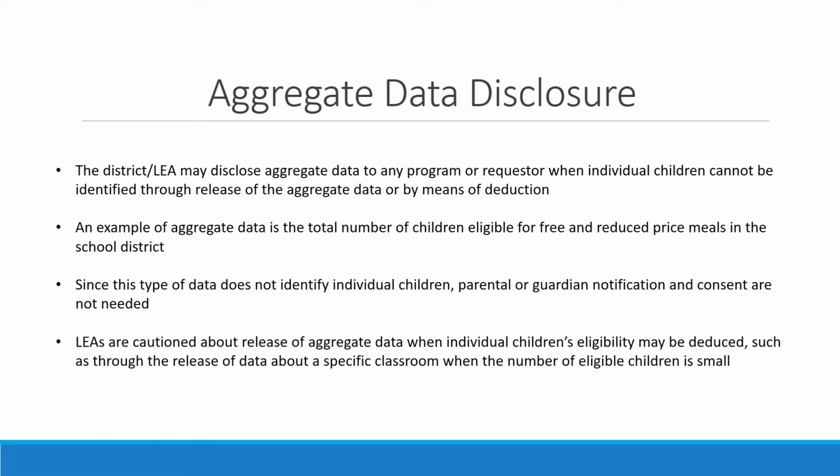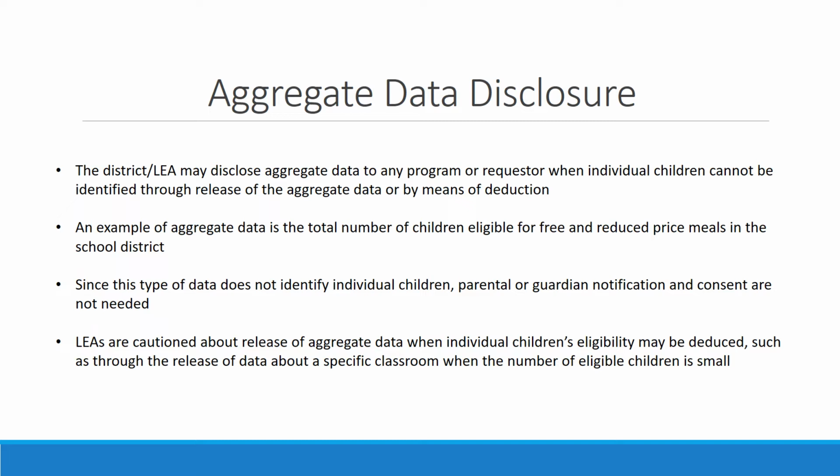Aggregate data disclosure. The district may disclose aggregate data to any program or requester when individual children cannot be identified through release of the aggregate data or by means of deduction. An example of aggregate data is the total number of children eligible for free and reduced price meals in the school district.